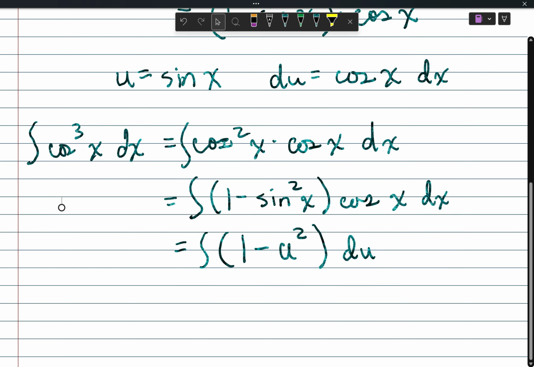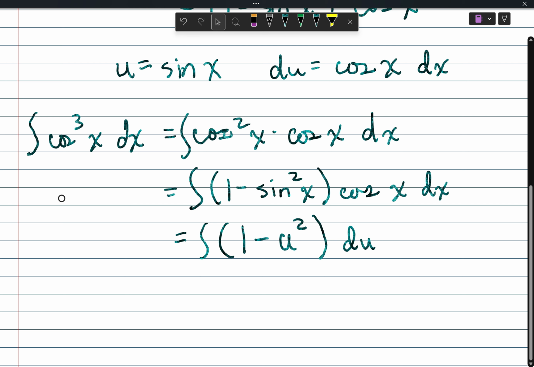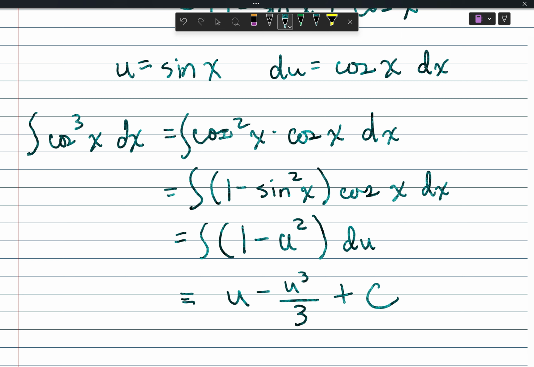We can go ahead and complete this integration, because we know that the integral of a constant with respect to u is going to be u, minus, and now we use the power rule for integration, so we add 1 to the exponent to get u to the third, and also write that number down in the denominator, plus our c, our constant of integration.